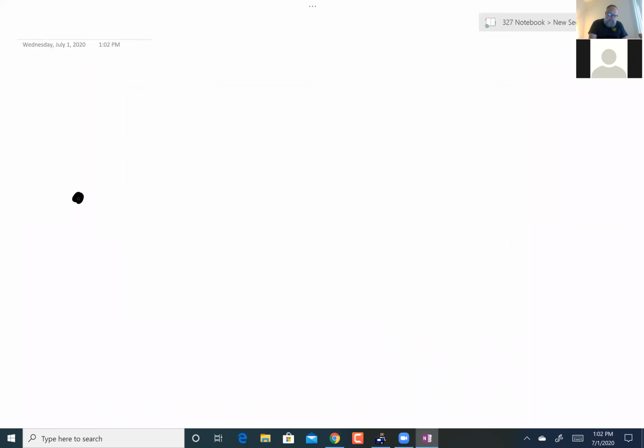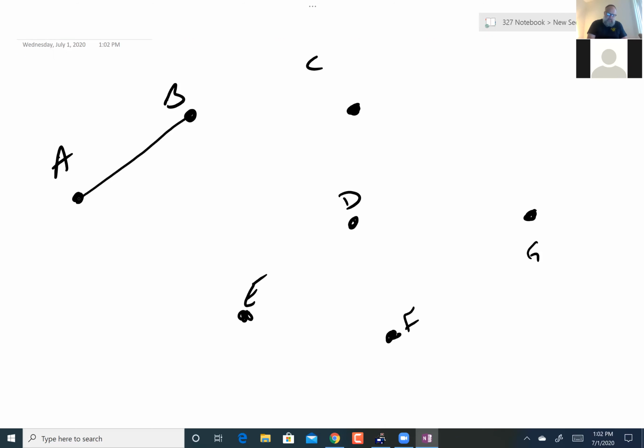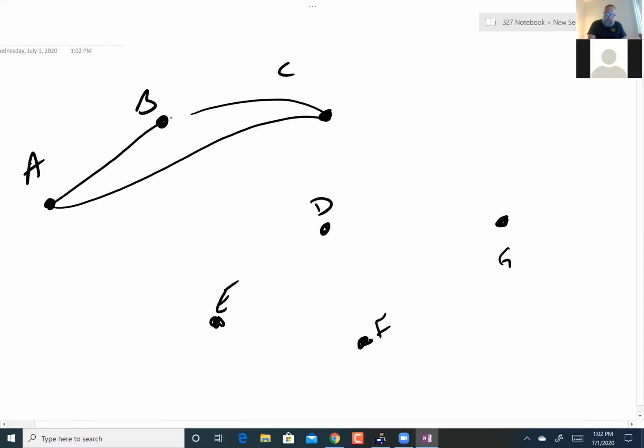When we have a set of points in a graph like so, doesn't really matter what you call them. Just put some numbers or some letters on so we can tell who's who. And so we're going to make a weighted graph here. It will not be a complete graph.